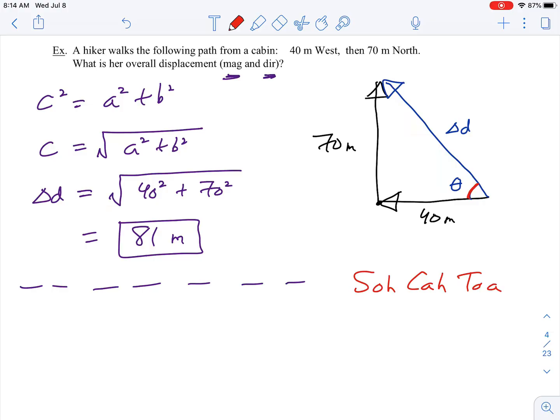There's the angle, and on the exact opposite side of that, which is the 70, that would be considered opposite. And the other side here would be considered adjacent, and of course the delta d is the hypotenuse. But on the diagram, we have opposite adjacent. That is TOA, that'll be tan.